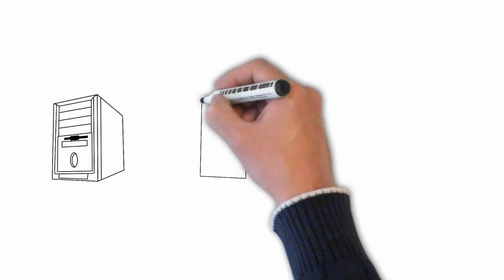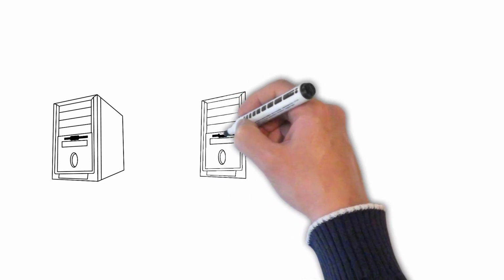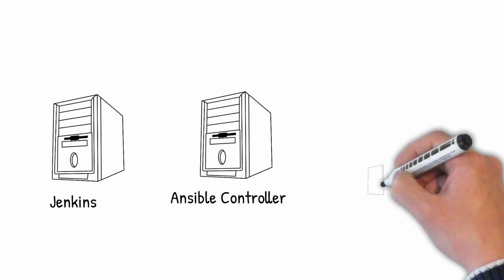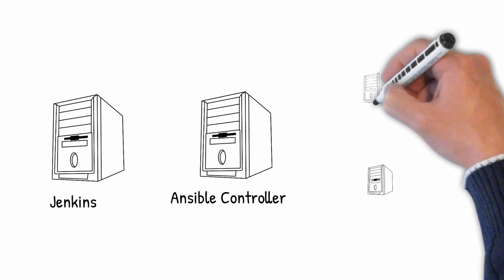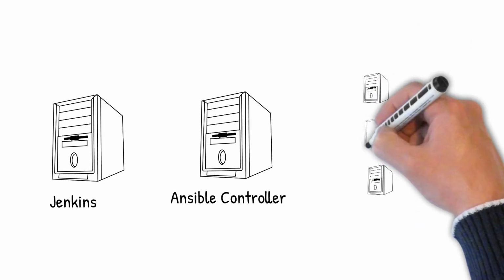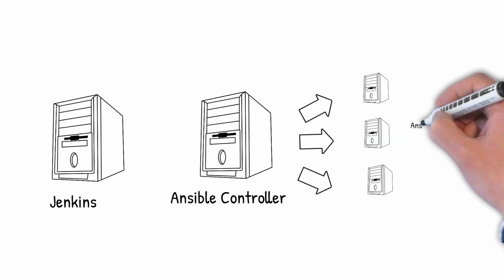Let's try to understand why we have to set the password authentication value to yes. We have our Jenkins server and we are about to install and create an Ansible controller node. And then subsequently, we'll also be creating more virtual machines that will act as our Ansible managed nodes.